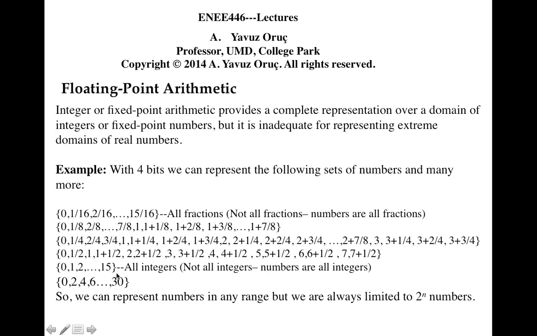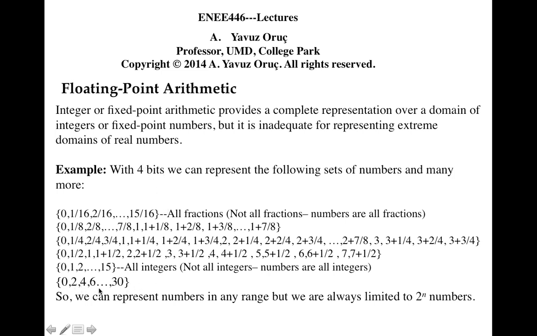Now, if you continue to move the binary point to the right, every time you do that by one place, you're going to double the numbers inside the range of values that you have. Of course, with 4 bits, you cannot represent any more than 16 distinct numbers, and these numbers can change.